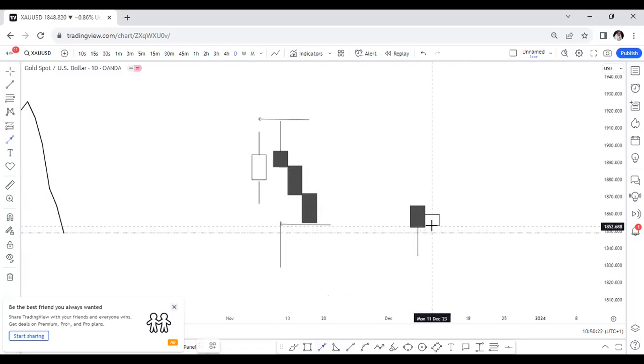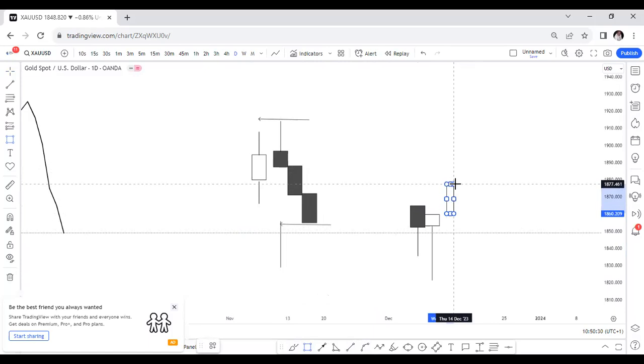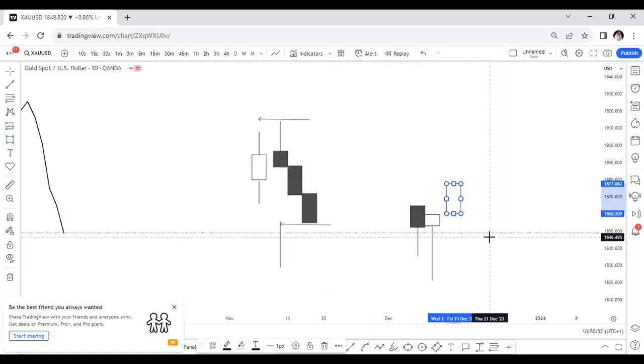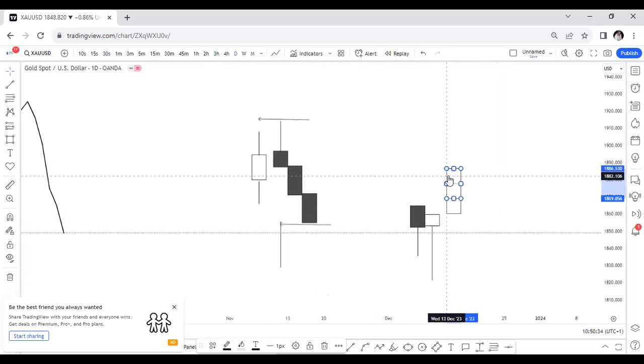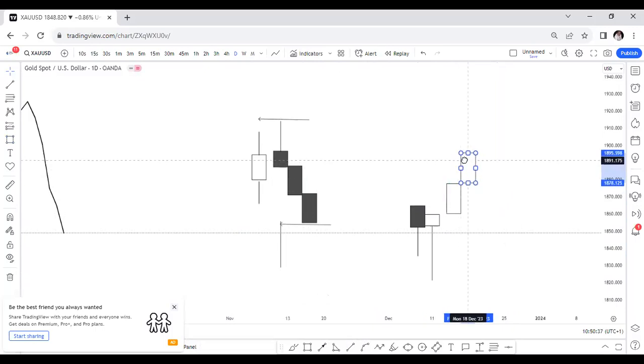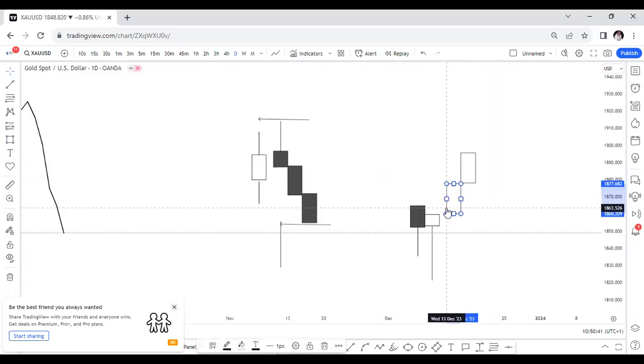It could be in this form. Then you have another one opening higher, then another one opening higher. As long as you have this set of candlesticks, it's still engulfing.